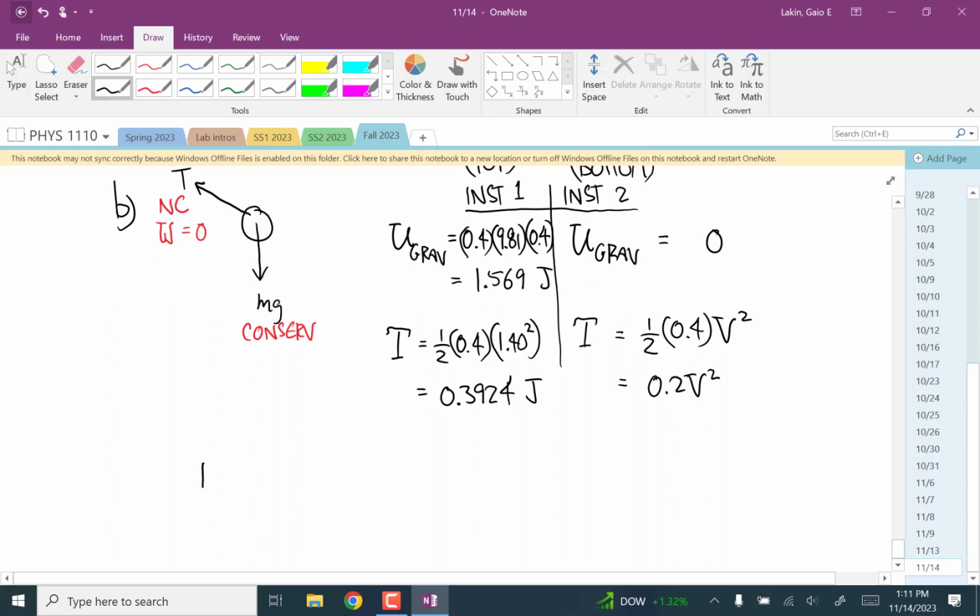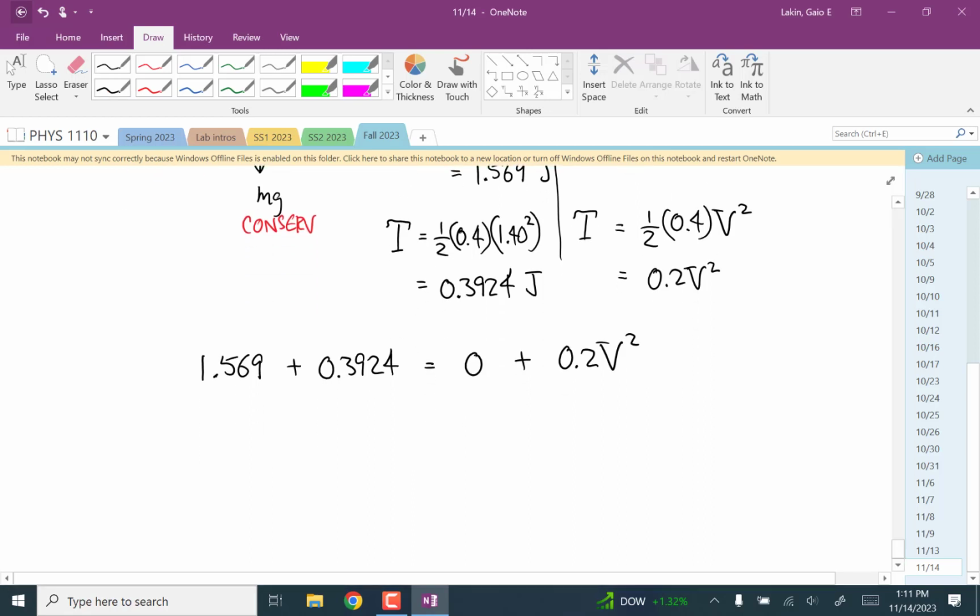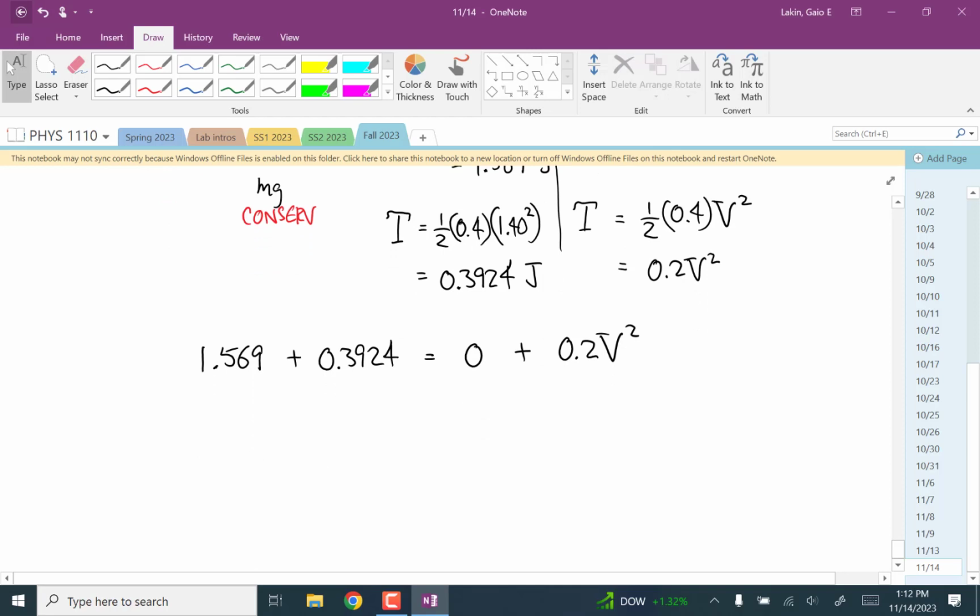Add these all up and put them in conservation of mechanical energy. You get 1.569 plus 0.3924 is equal to 0 plus 0.2v². And so we get v² is equal to 9.81.